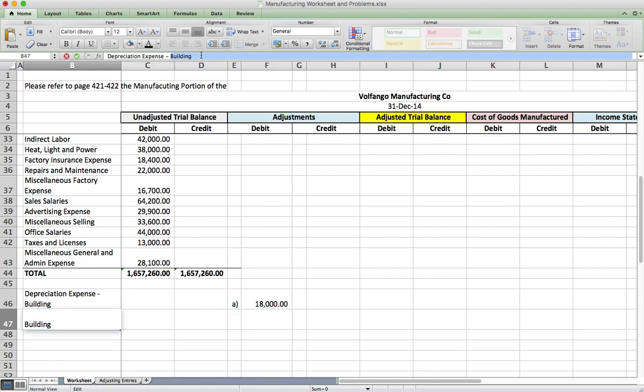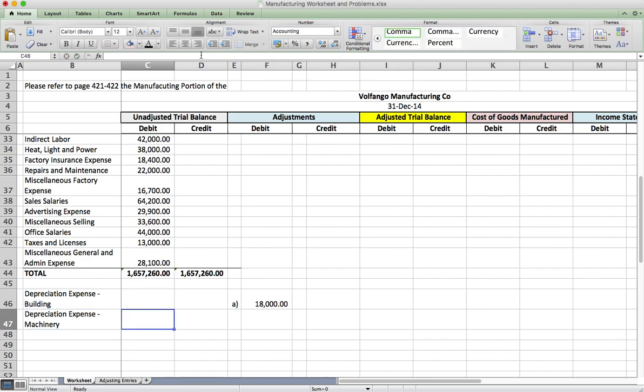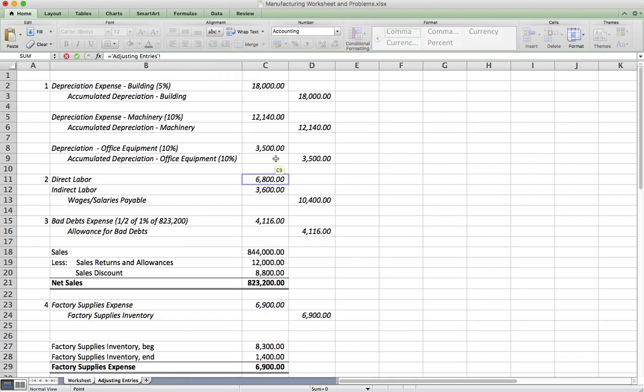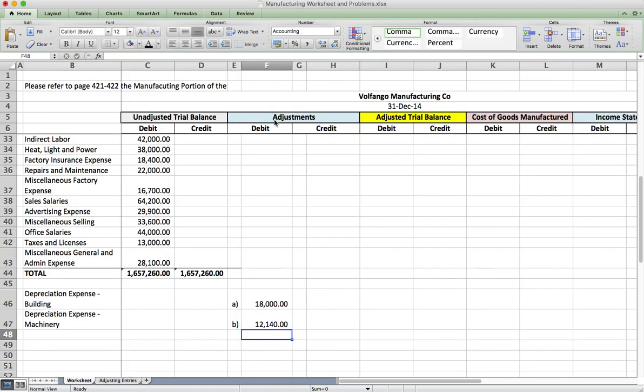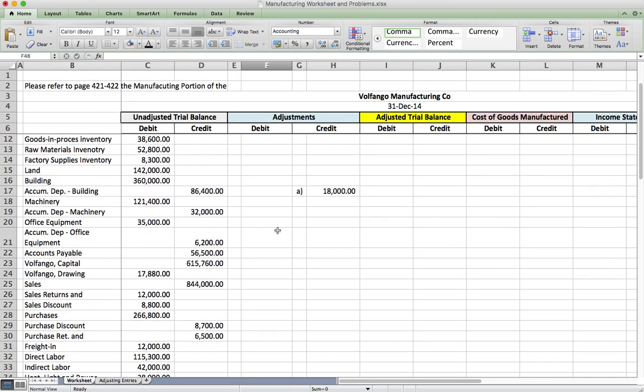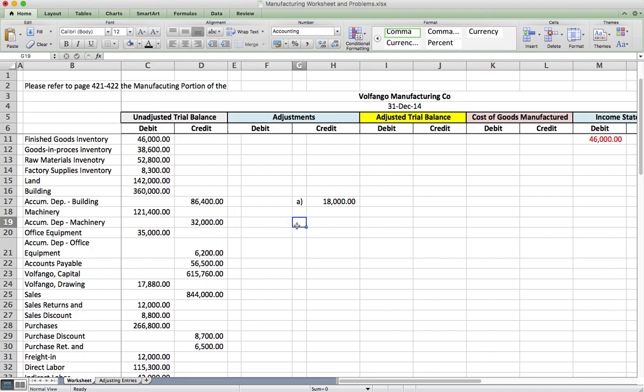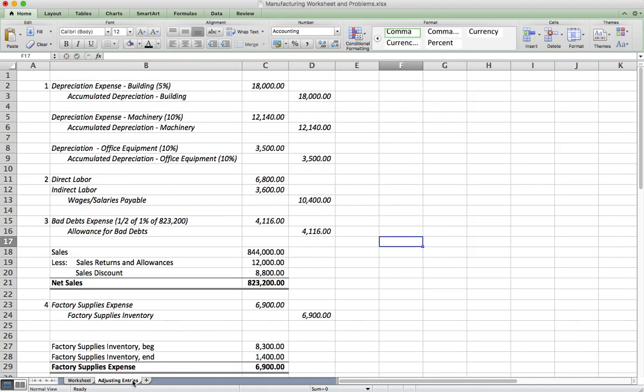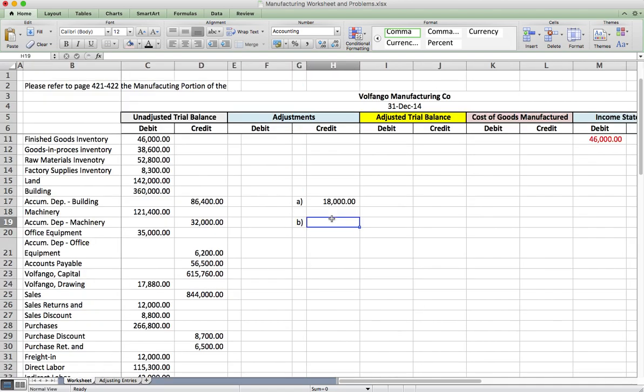Lagyan ko lang ng machinery. Okay. And then, accumulated depreciation machinery. Tama ba yan? Sige, okay na yan. Letter B.